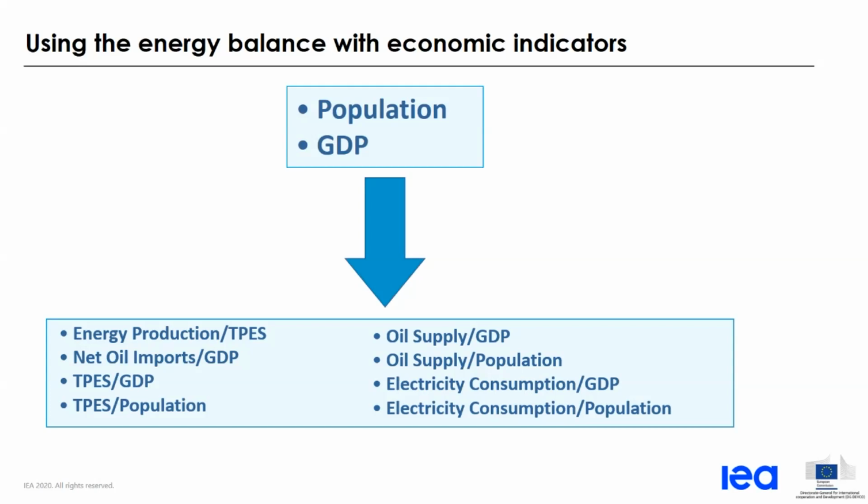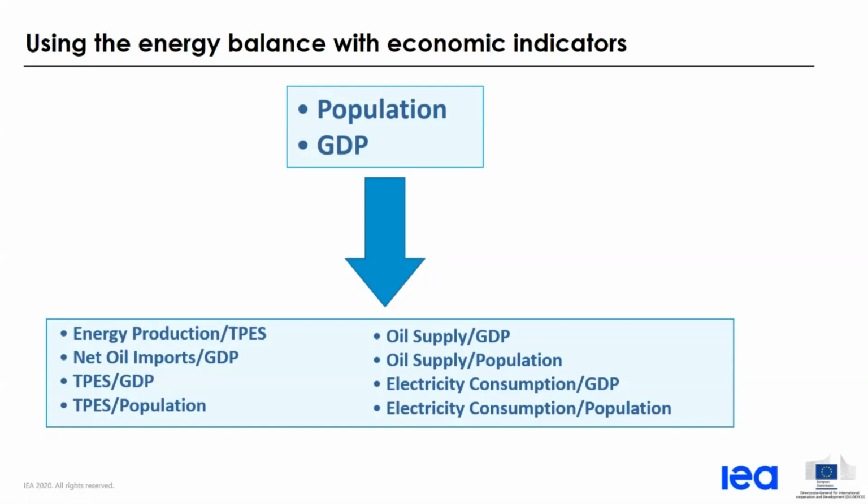This is a really important indicator, and you can do it by fuel. For example, for Ethiopia, for oil products, you can see that the production is quite low because you don't have a refinery, while the supply is higher, which tells you that you are reliant on imports from other countries. Or you can look at the net oil imports by GDP.